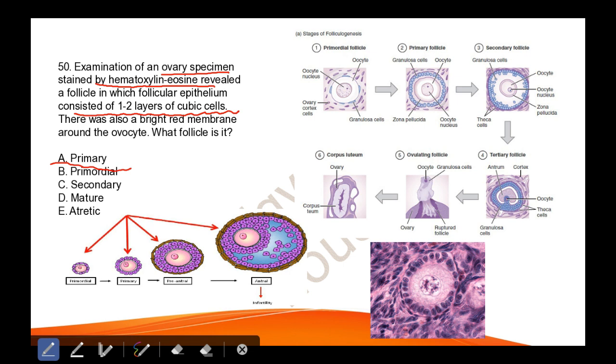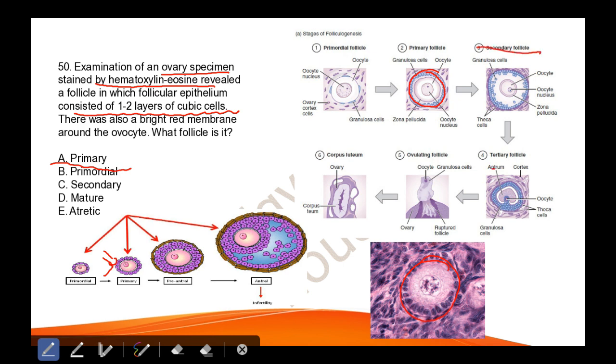You can see here the cubic cells with the blue color. As you can see here, the cubic cells are like forming a flower. Here in a histological specimen, the cubic cells, so it's just one layer. In the secondary follicle, already the theca cells are formed, so they will mention the theca cells if ever they're asking about the secondary follicle.